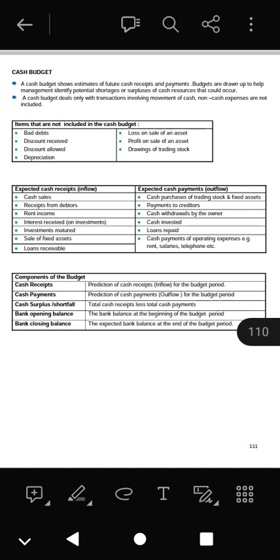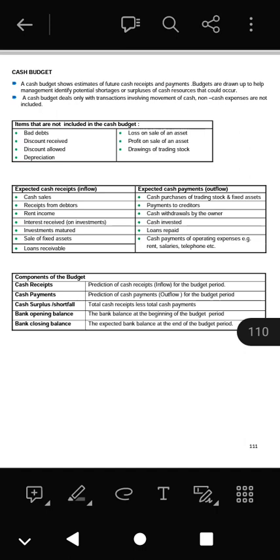So we have got cash sales, receipts from debtors. Remember, a business can also sell to some of its customers on credit, but we will only record the money as we receive it from the debtors.